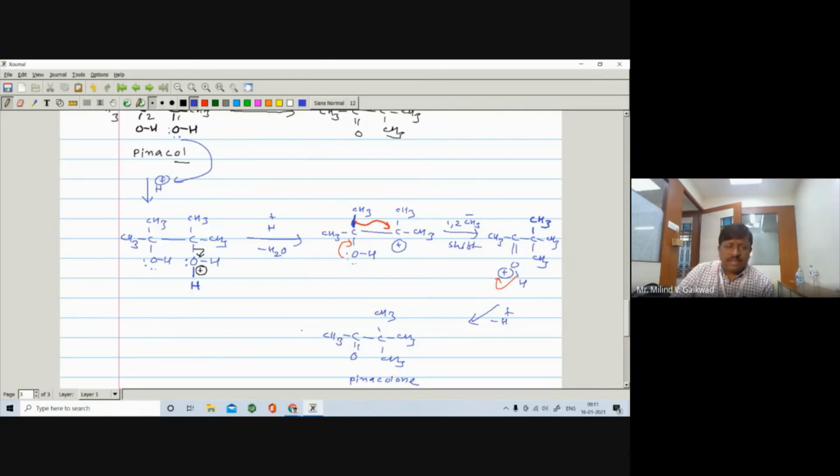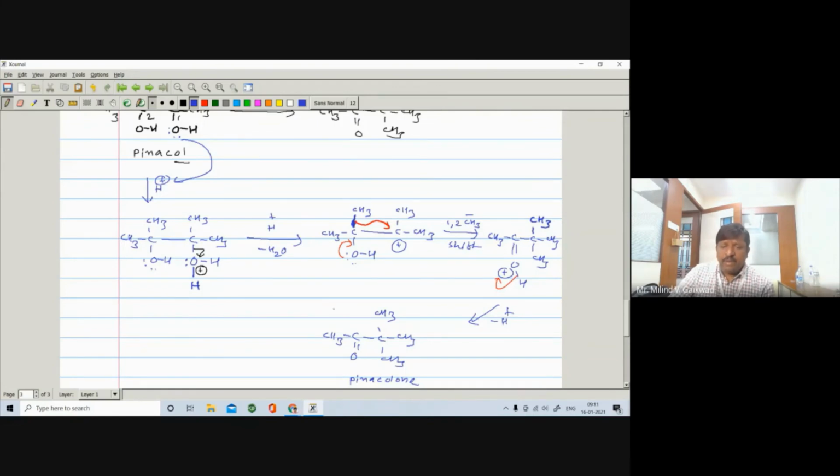Now you can take an example yourself: instead of R, you have put methyl, you can put phenyl. When all R are the same, then on carbon number 2, as both are methyl and methyl, you can shift either one to carbon number 1. As both are the same, you can shift any one and you get the same product.